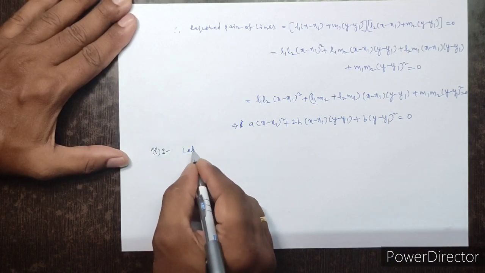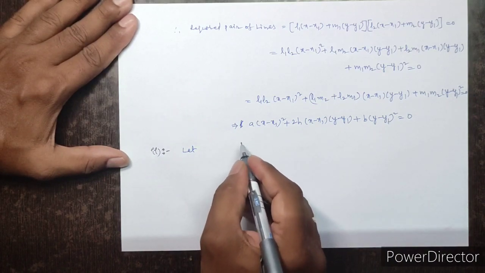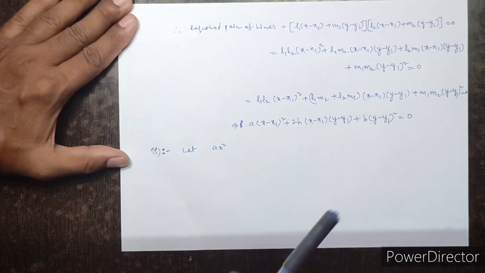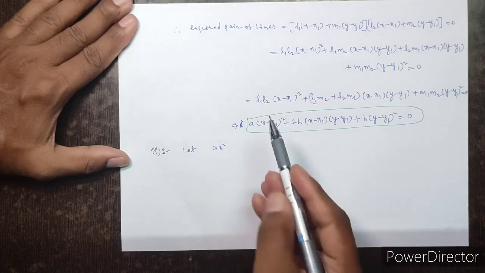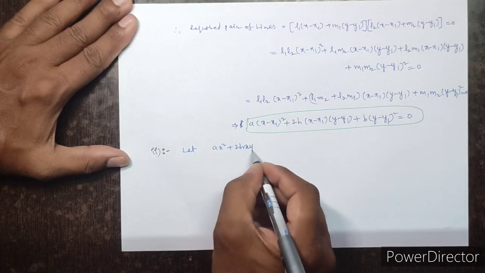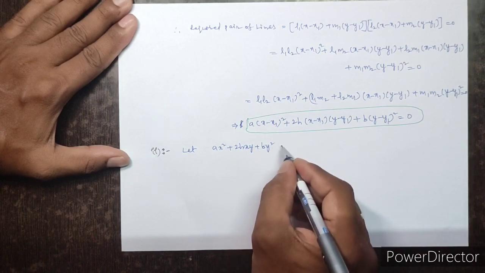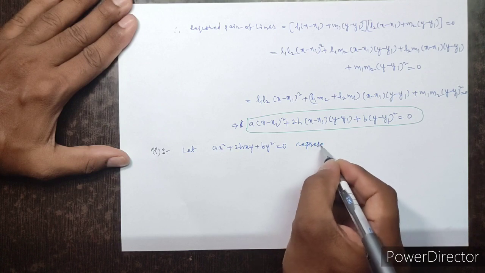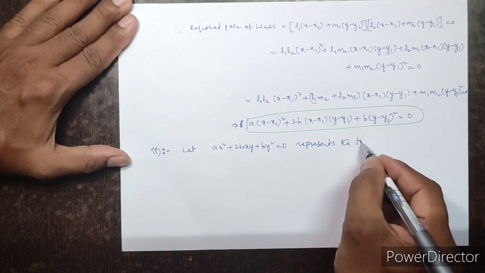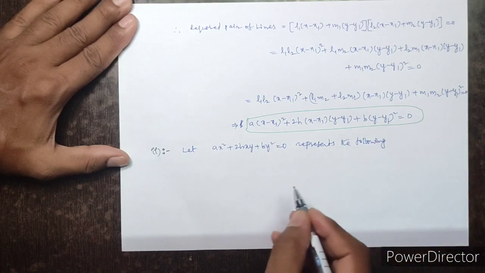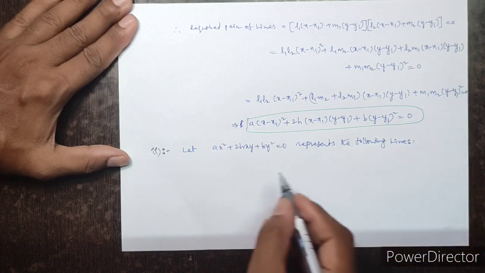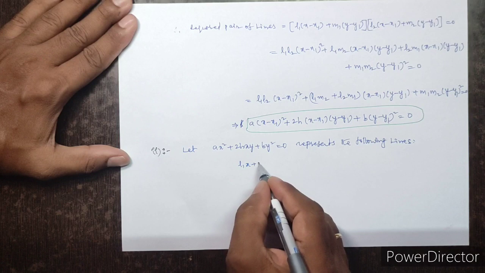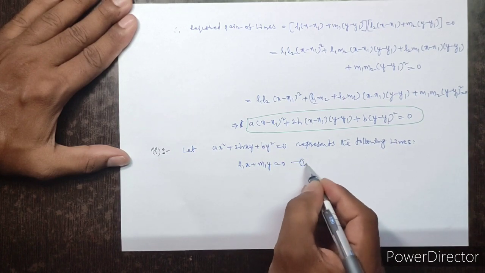Let ax square plus 2hxy plus by square equal to 0 represent the following lines, that is l1 x plus m1 y equal to 0, this is 1.